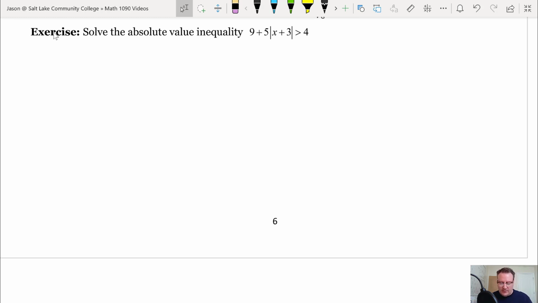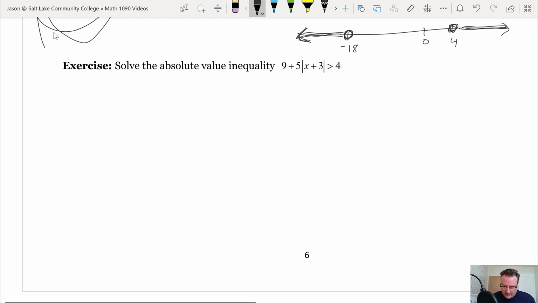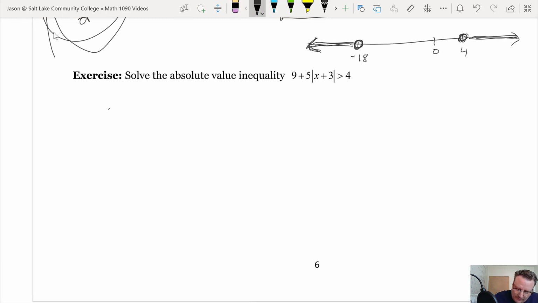So the first thing I'm going to do is subtract 9 from both sides of this inequality, and I get 5 times the absolute value of x plus 3 is greater than 4 minus 9, that's negative 5. Okay?